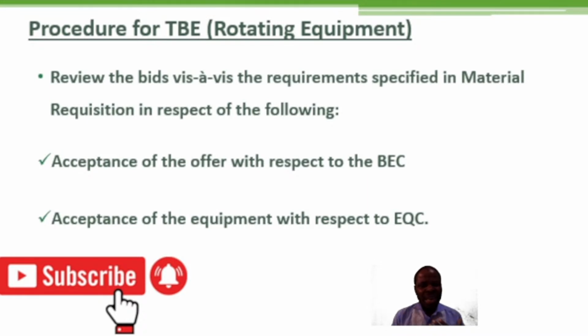So you are going to check the acceptance of the vendor offer with respect to the bid evaluation criteria, which are basically the set of benchmarks that you have set against several criteria. You are also going to look at the acceptance of the equipment with respect to the equipment qualification criteria. So you carry out this bid evaluation by checking all these things.